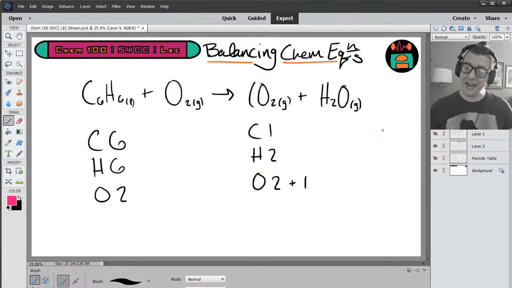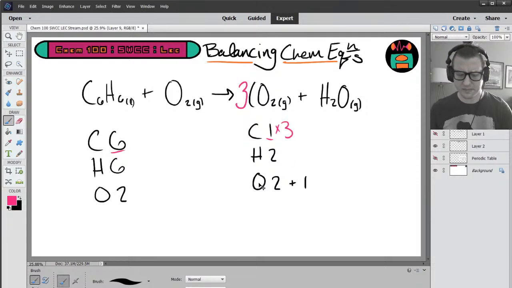All right, now let's get to balancing. The simplest one is, to me at least, looks to be carbon. So I'm going to multiply carbon dioxide by 3. When I do, I balance carbon. Wait, what am I doing? I don't want to multiply this by 3. I want to multiply this by 6.